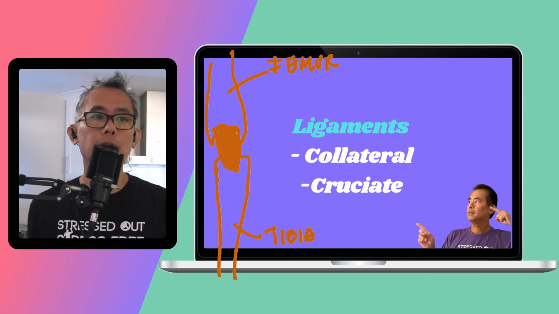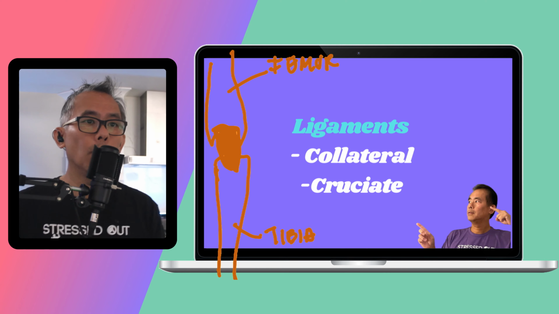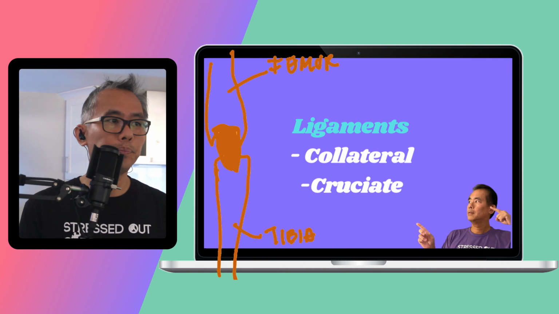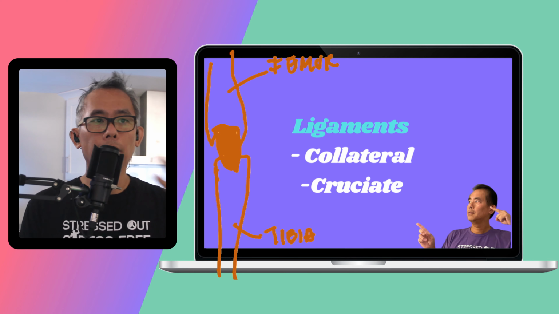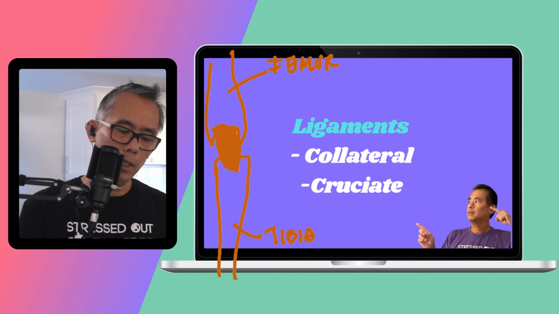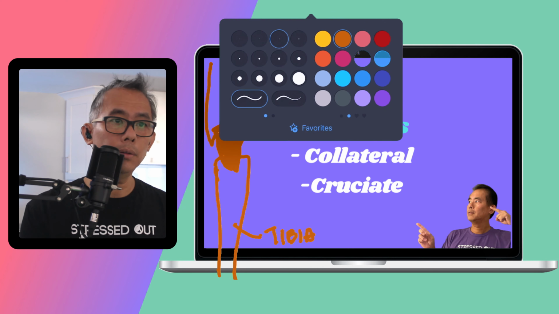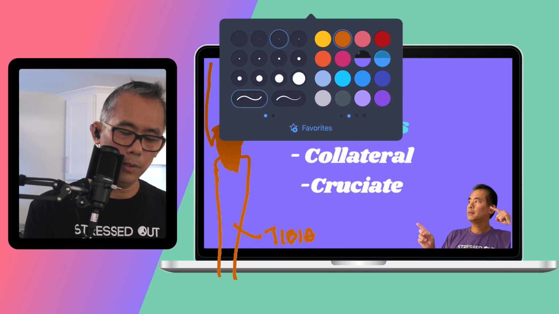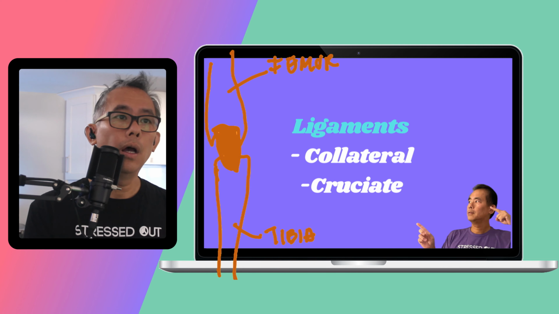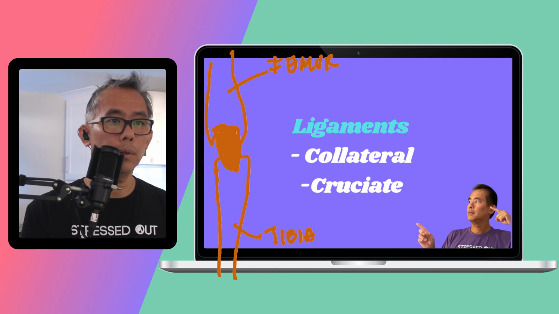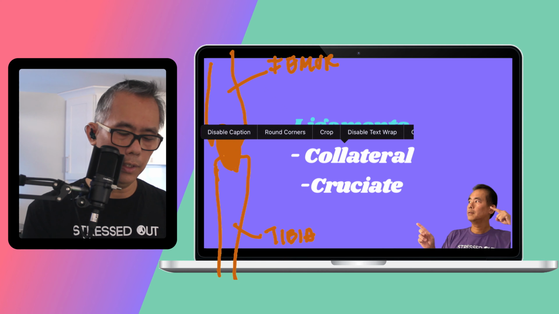So next we want to figure out what else they have. They have two types of ligaments. One is called collateral.